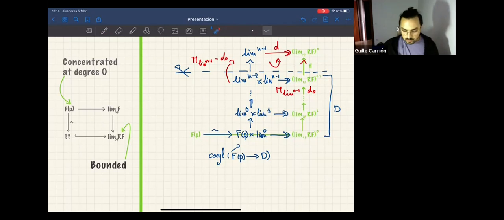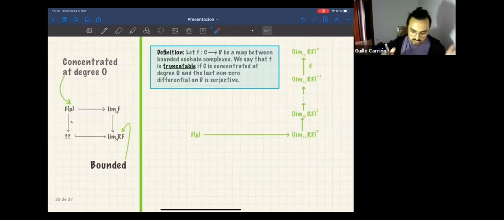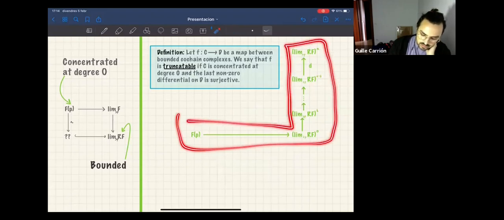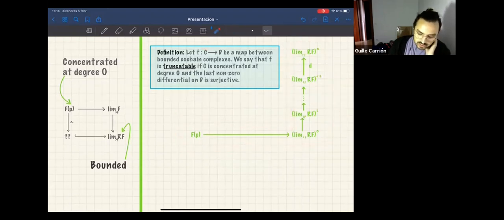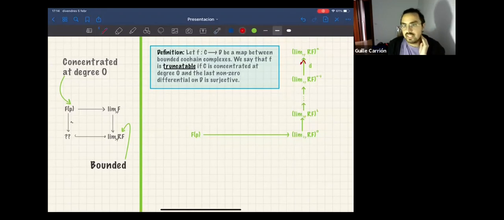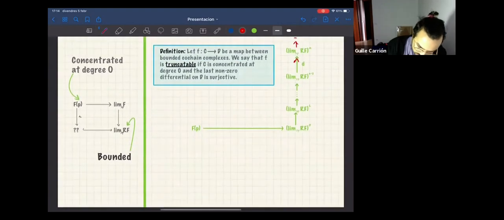So let's put a name on this. If we have a map with this shape, where the first one is concentrated in degree 0 and the second one is bounded, and also the second one has its last non-zero differential surjective, because this is 0, we call this map truncatable.